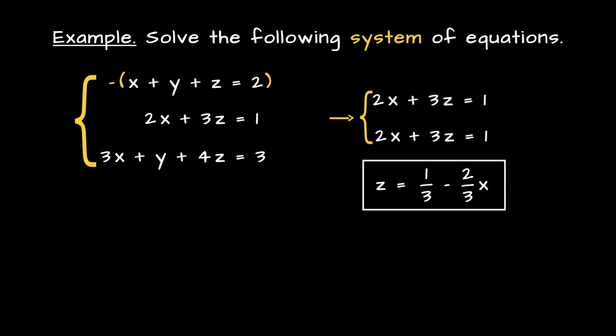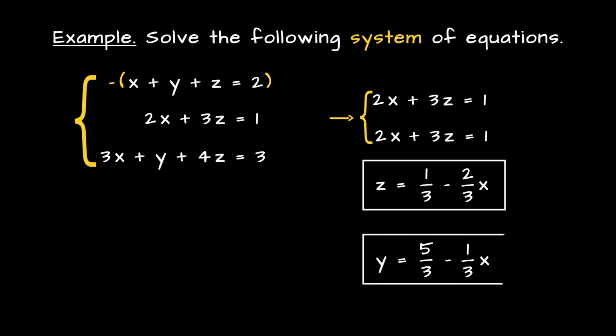Now, we can take this expression for z and substitute it into either the first or the third equation in our system and solve for y in terms of x as well. That gives us y equals 5/3 minus 1/3 x. x here is a kind of parameter or free variable, and once we know what x is, we also know what y and z are.